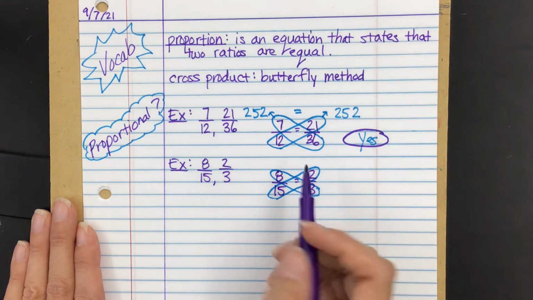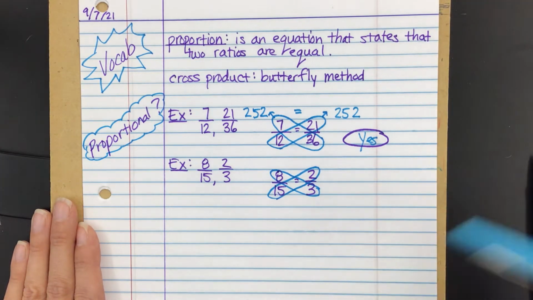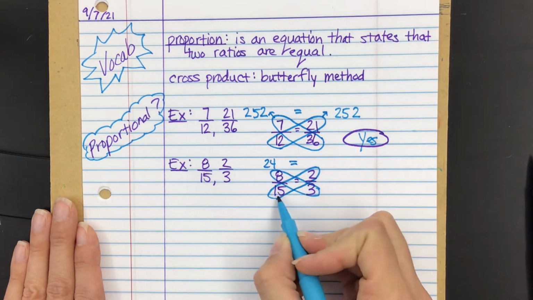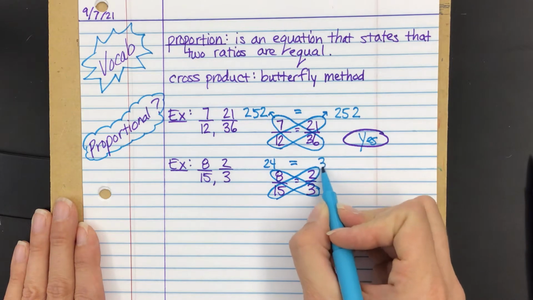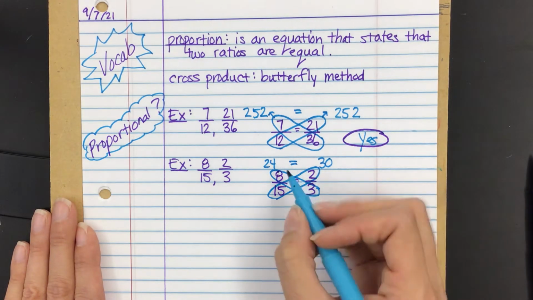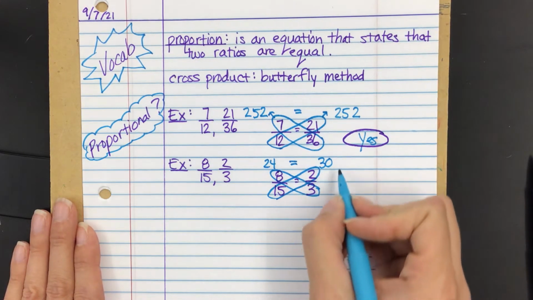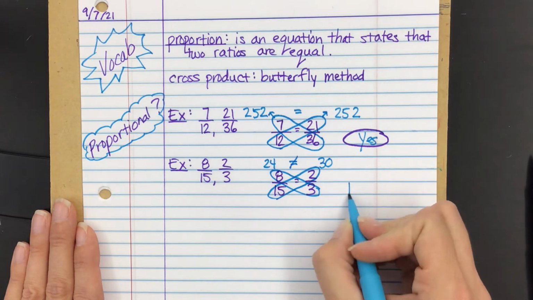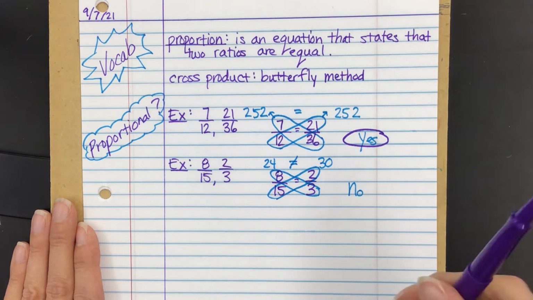Okay. So 8 times 3 is 24. 15 times 2 is 30. Okay. So since the cross products are not equal, we can say that these are not proportional. So no, this is not proportional.